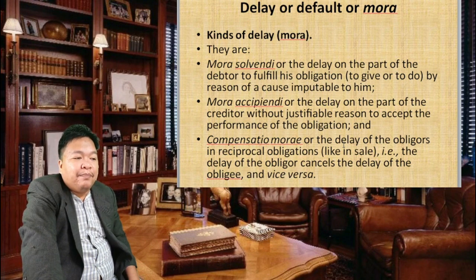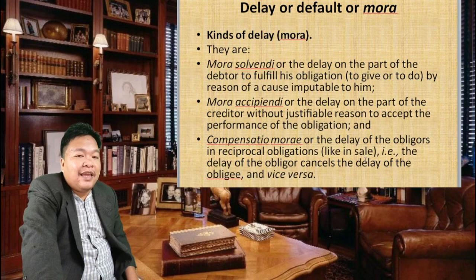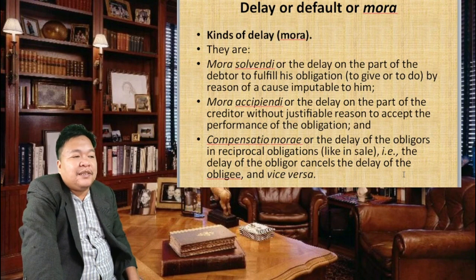And third, compensatio morae, delay of the obligors in reciprocal obligations, like in sale. Example, the delay of the obligor cancels the delay of the obligee, and vice versa.